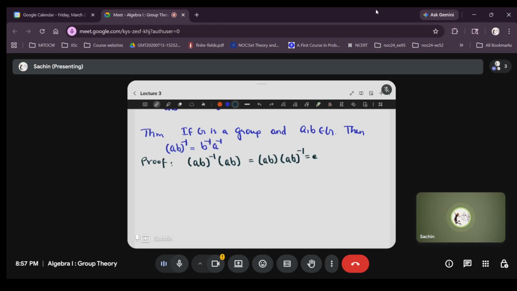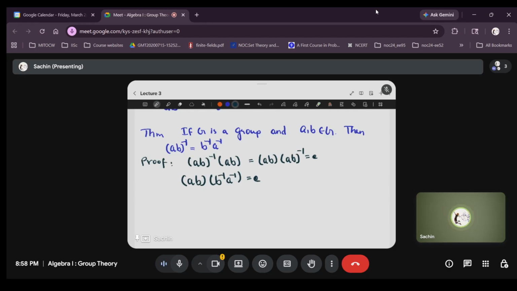So it is enough to show that AB times B inverse A inverse is equal to E, right? Then one way you can think of this is AB times (AB) inverse is E and AB times B inverse A inverse is E. So by left cancellation from these two, B inverse A inverse is equal to (AB) inverse.